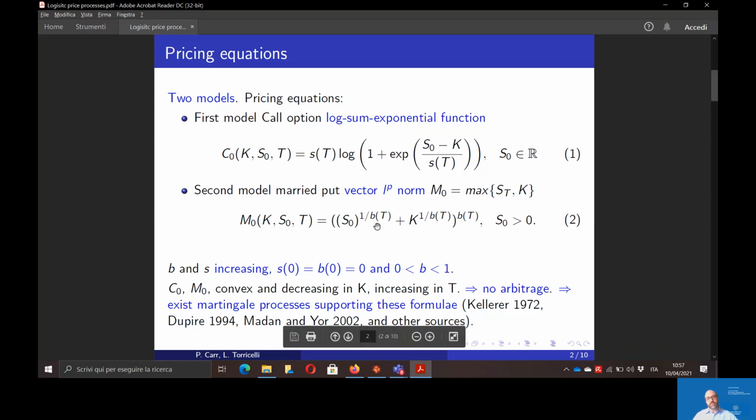So long as S and B, these term functions, are 0 at 0, are increasing, and B is bounded, you can verify that C and M are decreasing in strike, convex in strike, and increasing in maturity, which is all you need to establish that these formulas are arbitrage free.